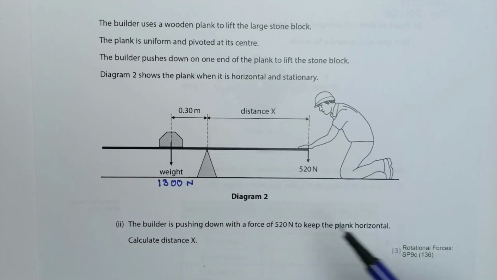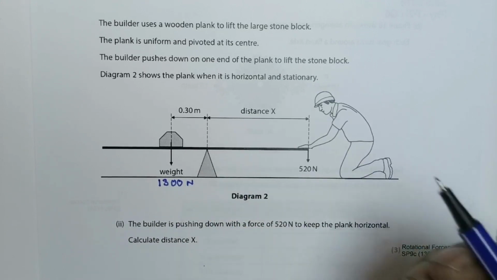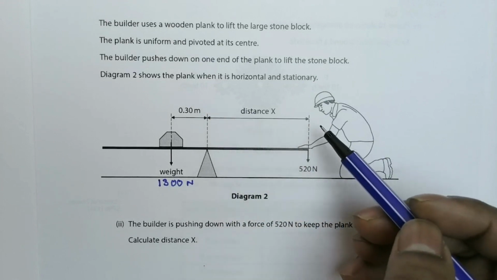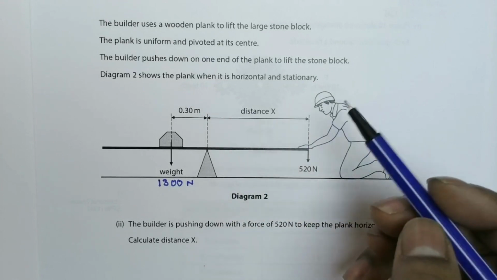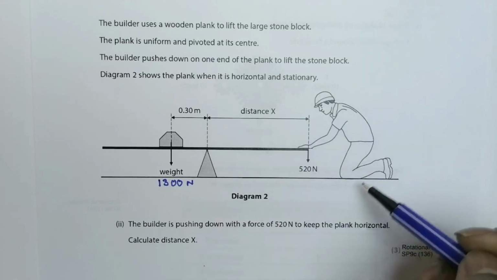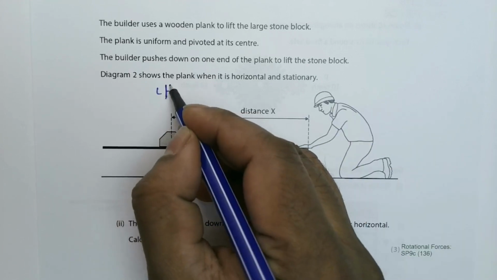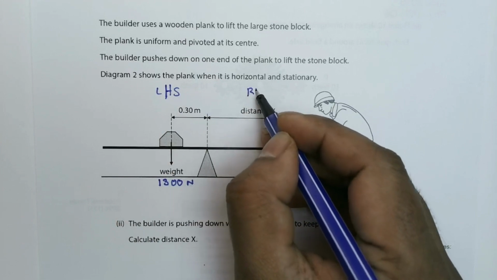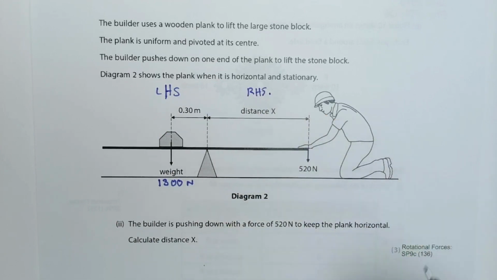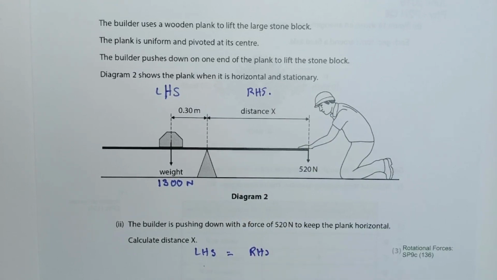So you're talking about moments. The total moment on the left hand side should be equal to the total moment on the right hand side.